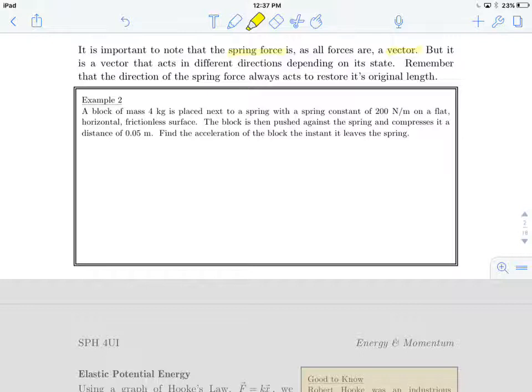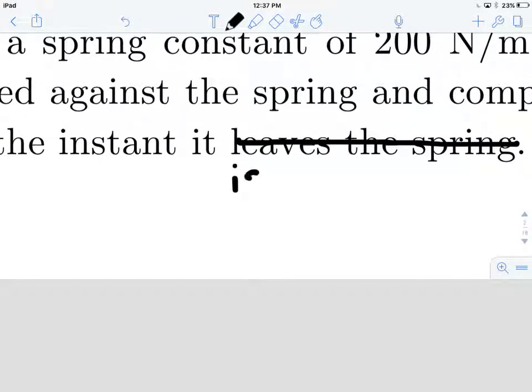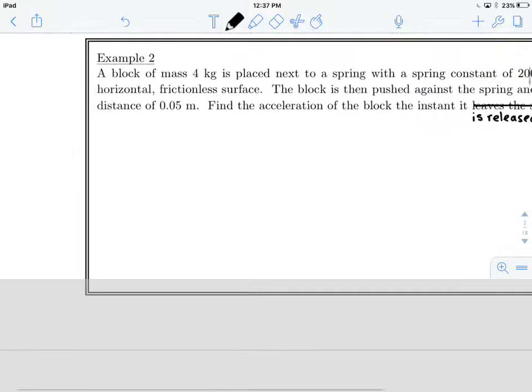Find the acceleration of the block just at the instant we release the system. Okay, so this is the instant that it leaves the spring. Let's alter it for a minute, just to make this really clear, to the instant it is released. And we'll talk about why this is an important change to make.